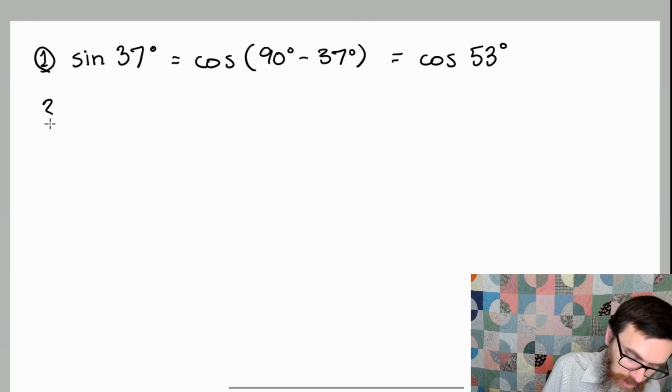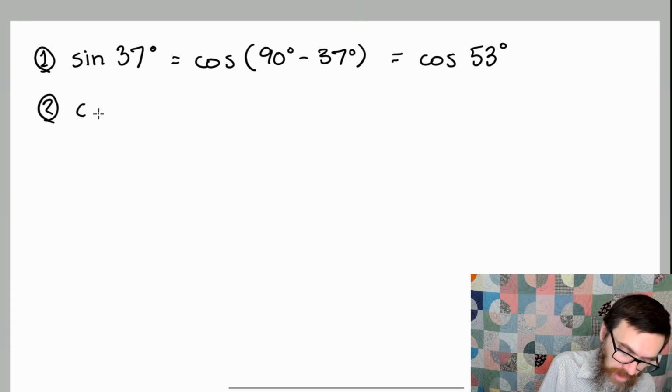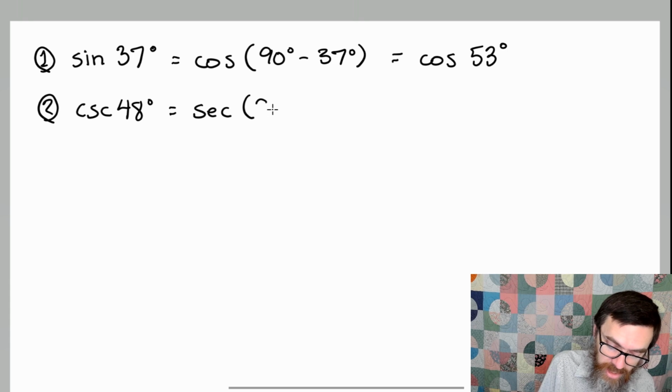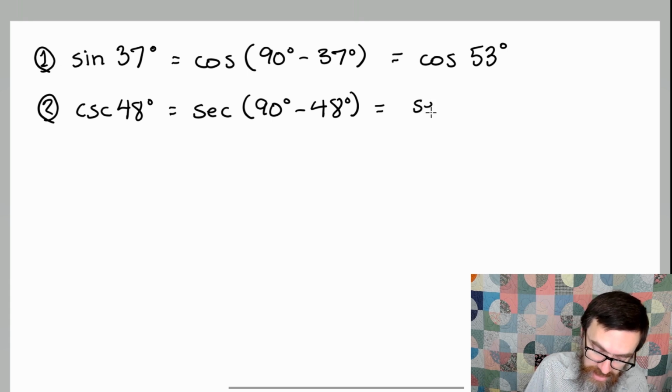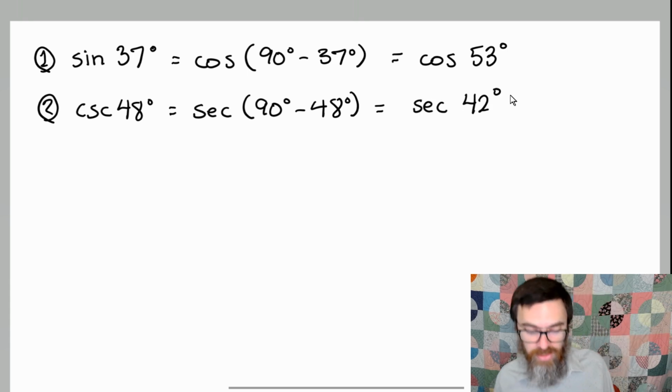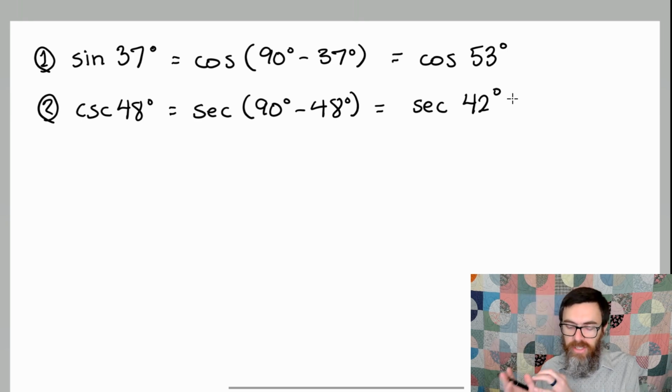Example number 2 has the cosecant of 48 degrees. Well, this should be equal to the secant of the complement, so 90 degrees minus 48 degrees, which is going to equal the secant of 42 degrees. So cosecant of 48 degrees is equal to the secant of its complement.